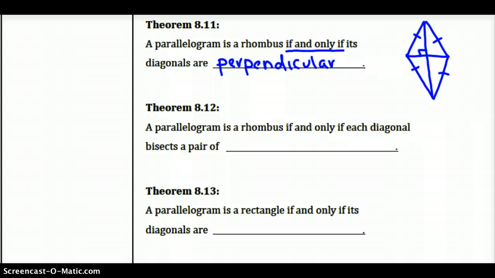Theorem 8.12: a parallelogram is a rhombus if and only if each diagonal bisects a pair of opposite angles. Looking up at the previous drawing, that would mean this is congruent to that. This is congruent to that. We have doubles here and doubles here.